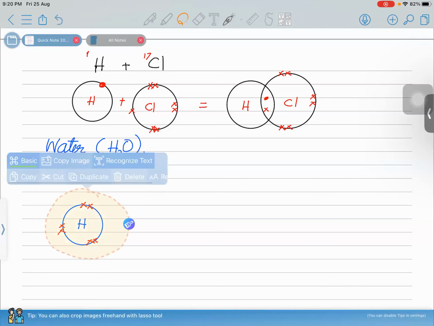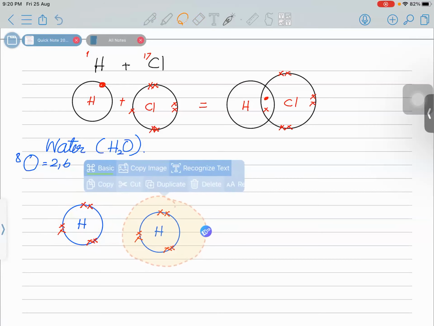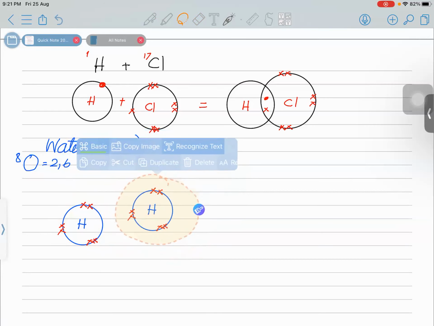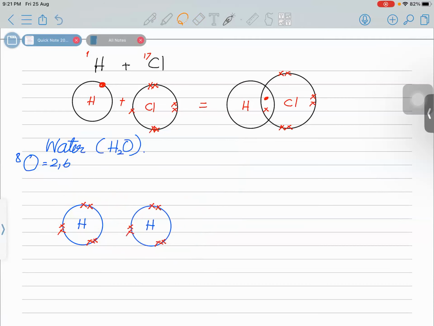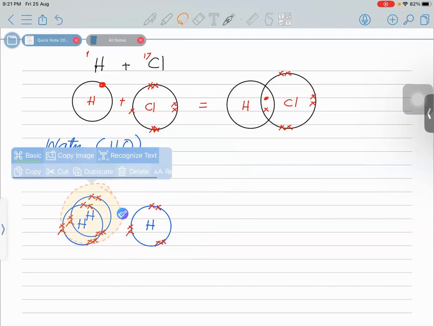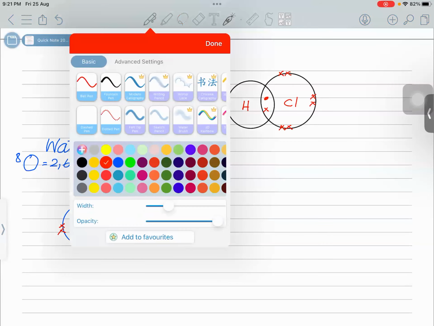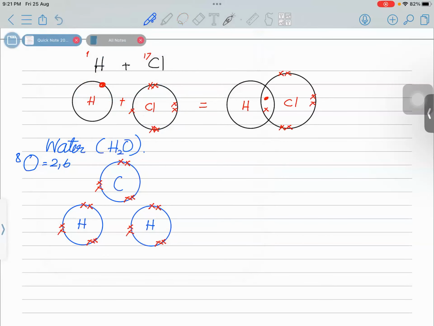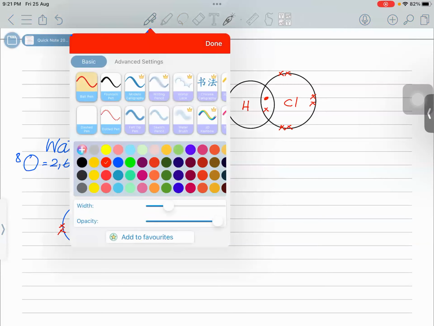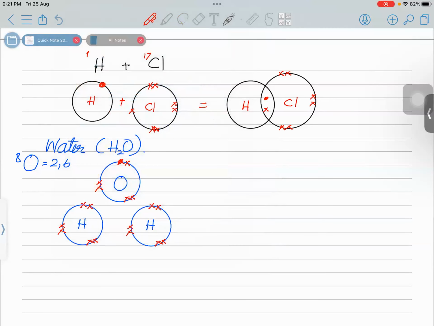You have oxygen atoms. Sir, but this is H. You have another, and this one is oxygen. So you can use a circle or dot.